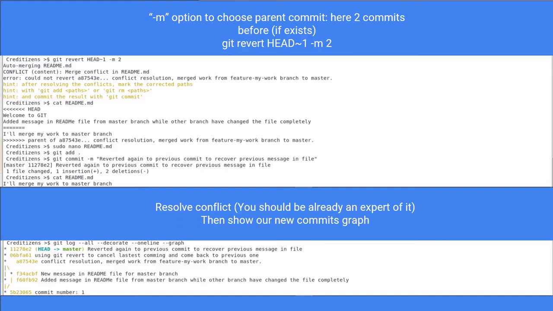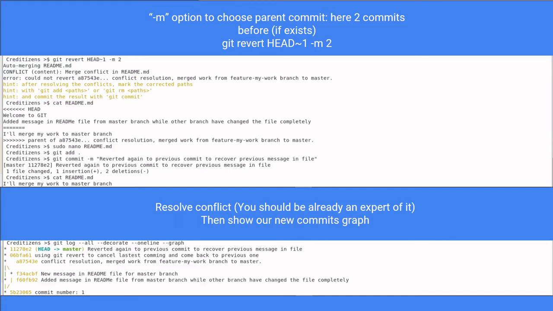It's just to show you that we can just play with it. Let's say you deleted the wrong message, and after you did a commit, you're wondering how you're gonna get it back. Might be just messed up, but no, you can actually go back by doing this kind of commands and get it back. You resolve conflicts, so you should be already an expert of it.